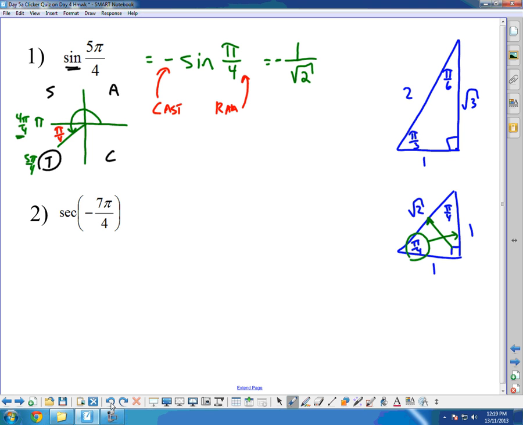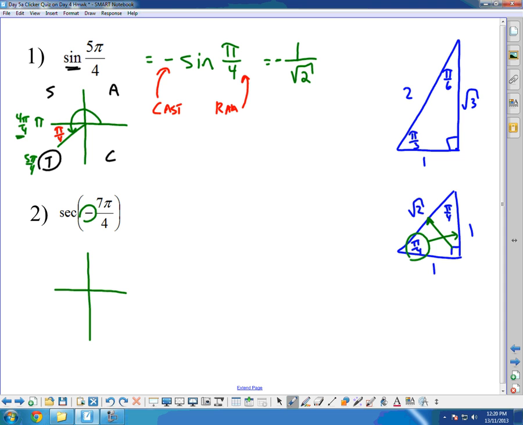Okay, looking at the second one, it's secant, so I'll deal with that in a moment. Right now, though, I've got to figure out where negative 7 pi over 4 is. So the big thing we notice is that this is negative, which means I'm going to head in the clockwise direction, or opposite direction. 7 pi over 4 is very close to 8 pi over 4.